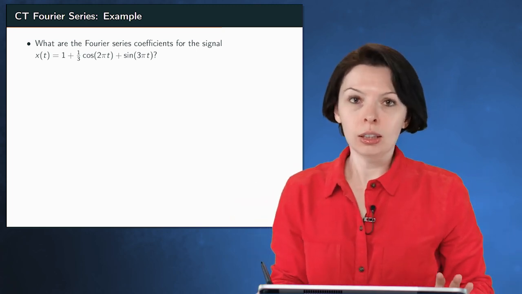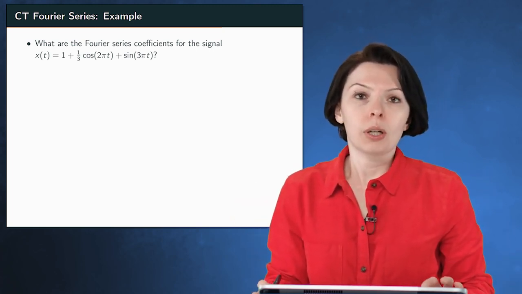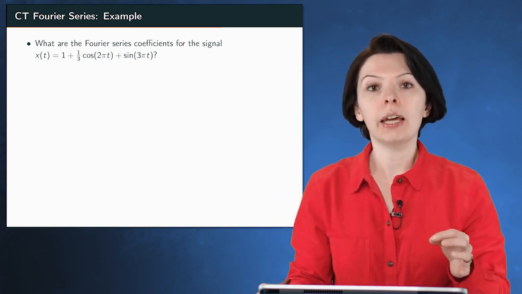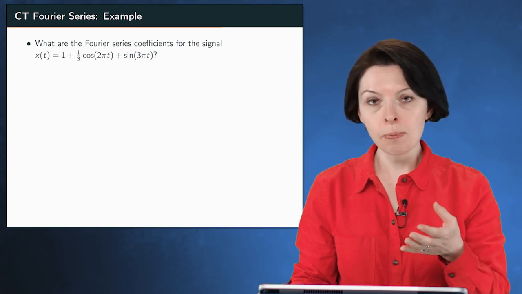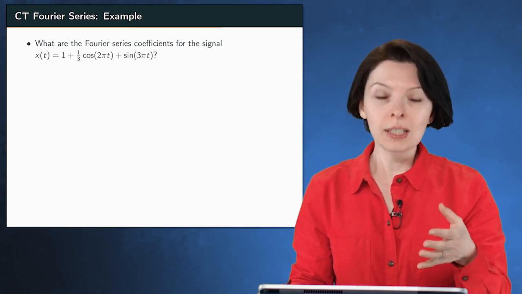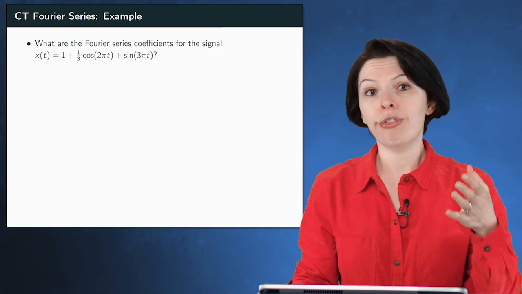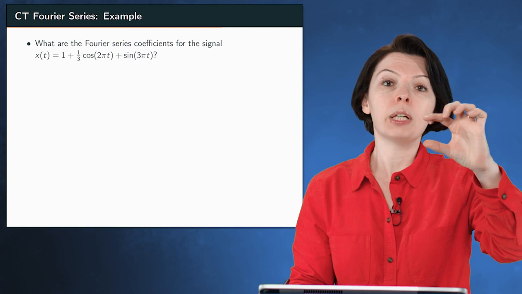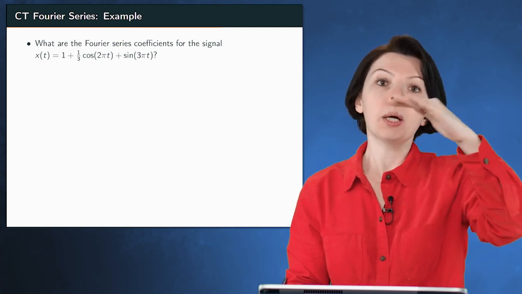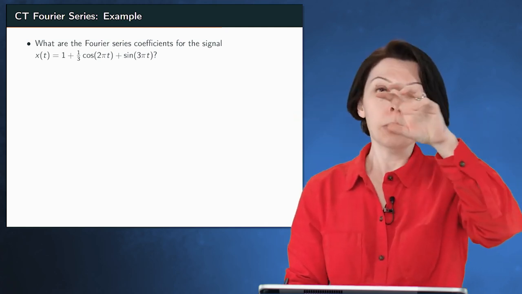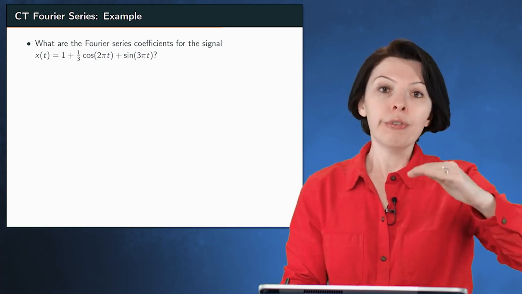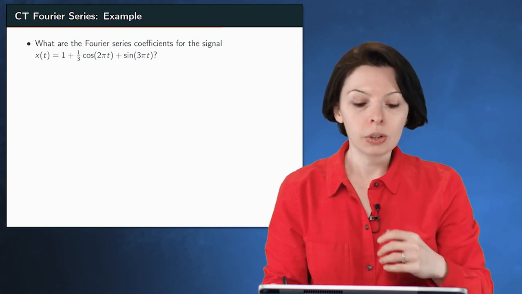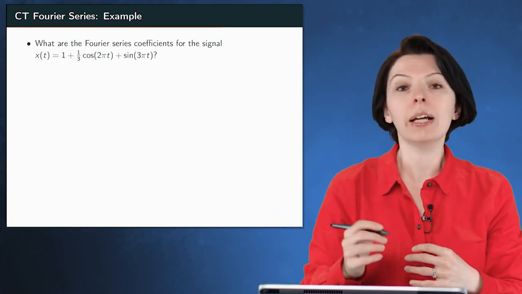So if your signal, continuous time or discrete time, doesn't matter, is provided in a sinusoidal format, it's easier to find the Fourier series coefficients if you write x of t in the form of complex exponentials, then compare each component in x of t with the components of the synthesis equation.